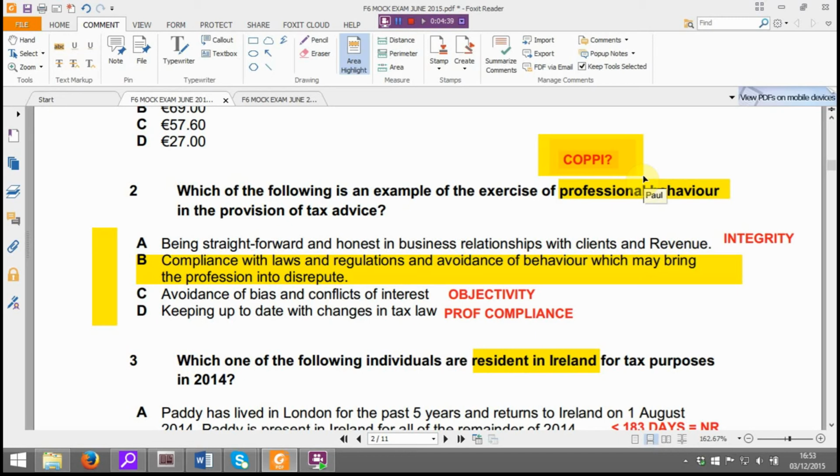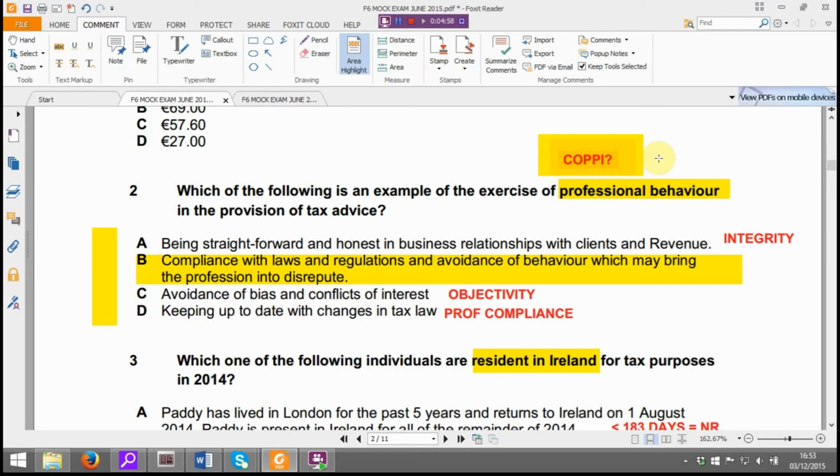What does that stand for? Well, really confidentiality, objectivity, professional behavior, professional competence, and integrity. Okay, so really they are 5 principles, ethical principles that we need to adhere to.